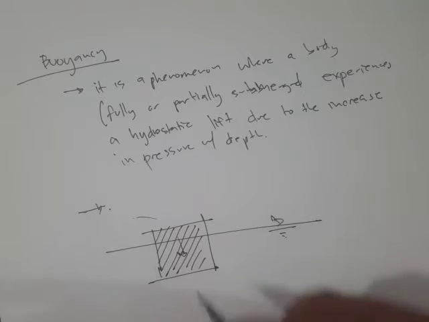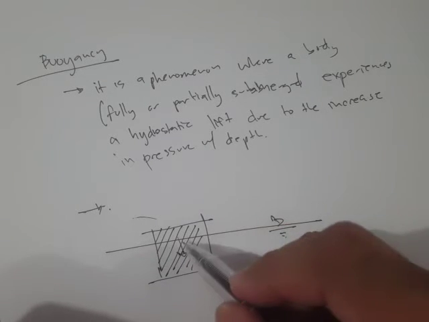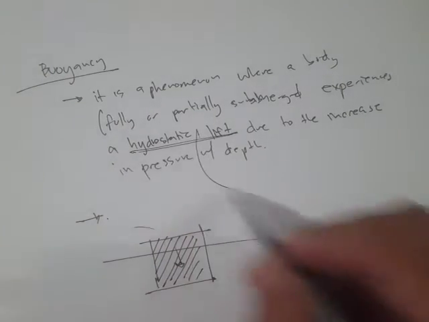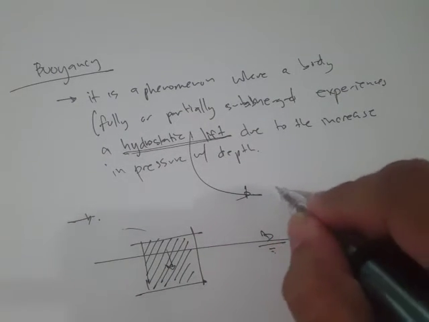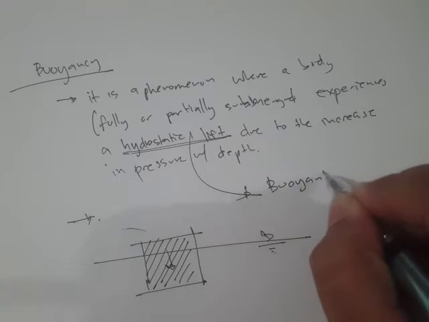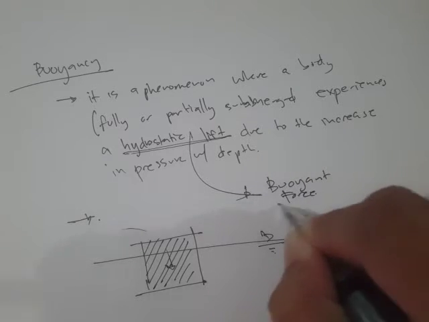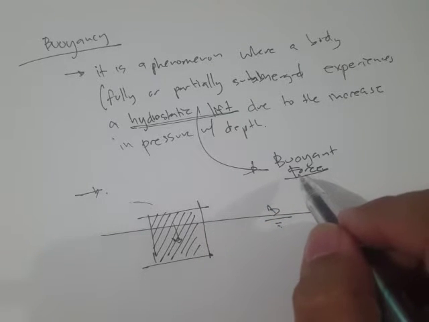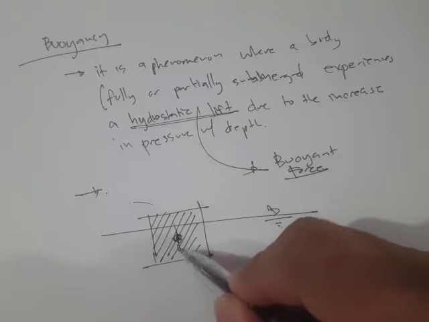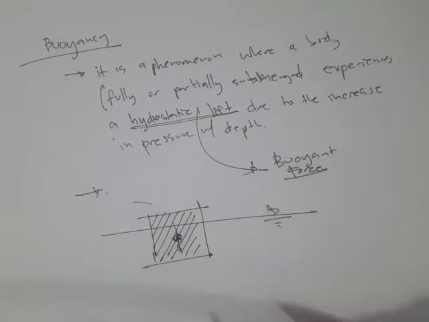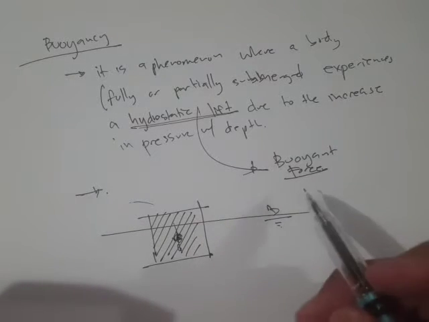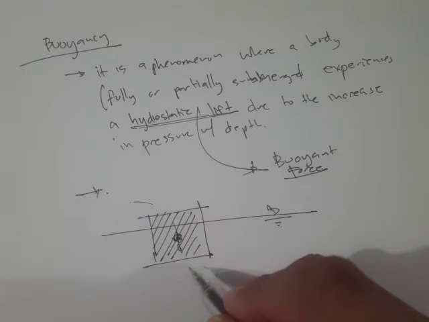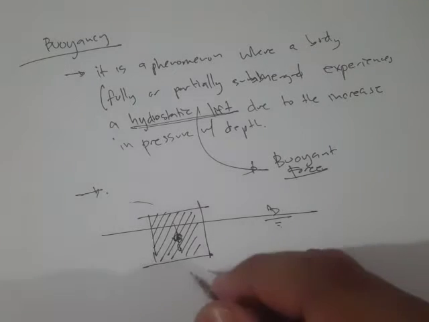That depends upon the force acting upward, this hydrostatic lift or hydrostatic force, which we refer to as the buoyant force. If this buoyant force is less than the weight of the object, then of course this object will sink. But if this buoyant force is greater than the weight of this object, then this object will float.